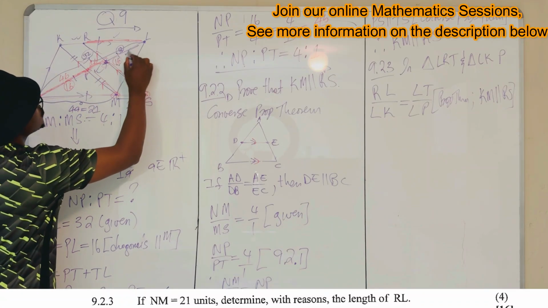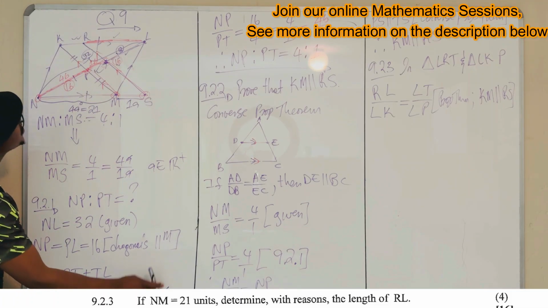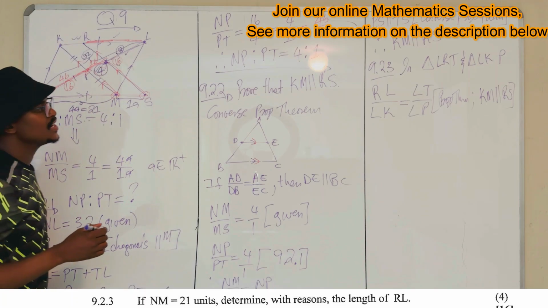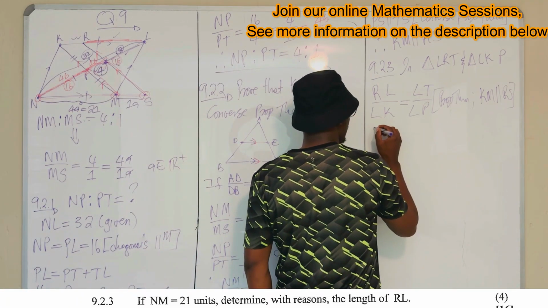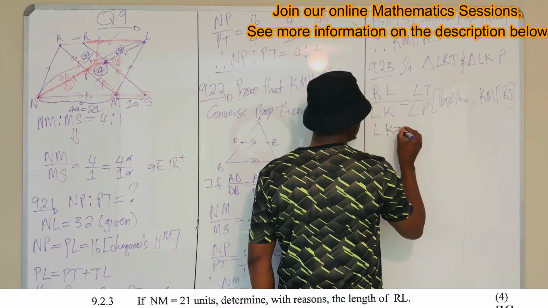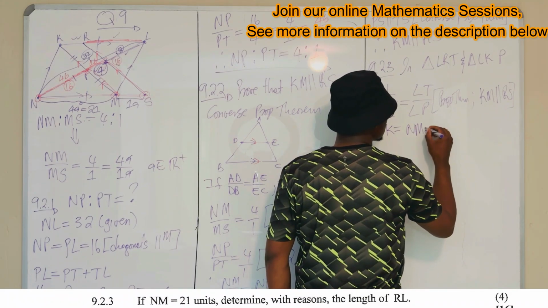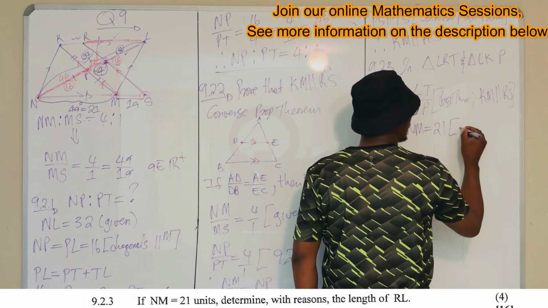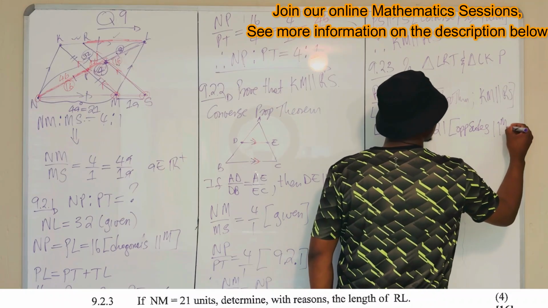And we found PT to be 4 units. So in that case, we will say our LK is equal to NM, which is equal to 21. These are opposite sides of a parallelogram, right?